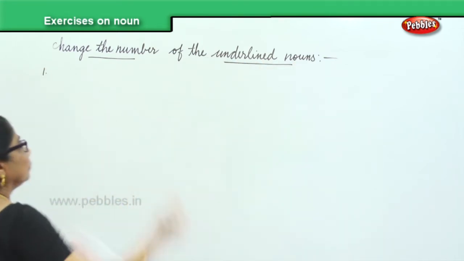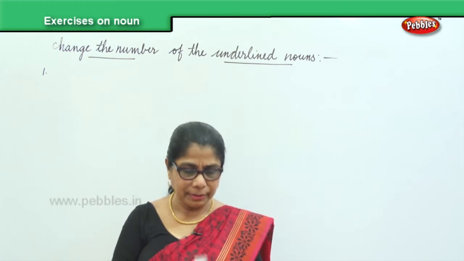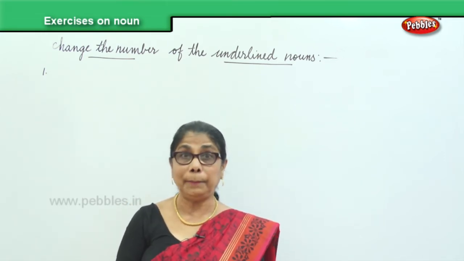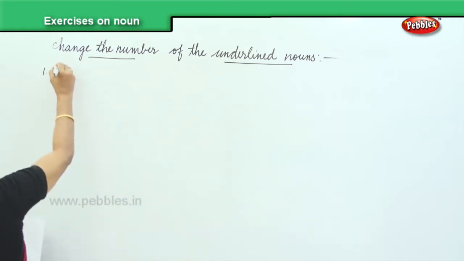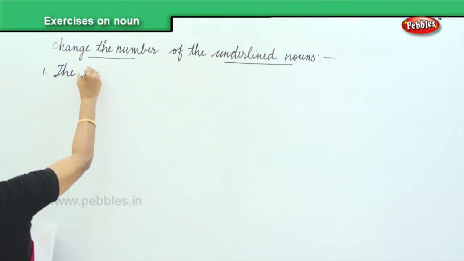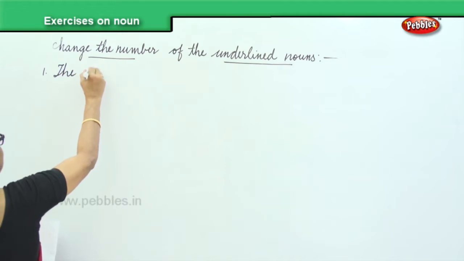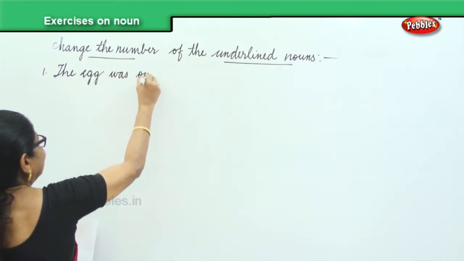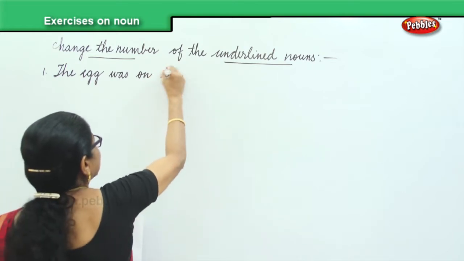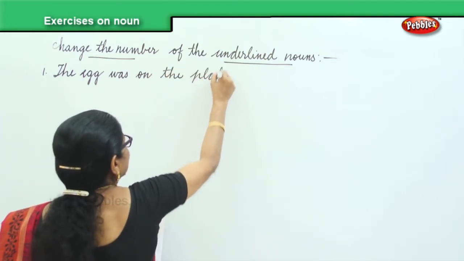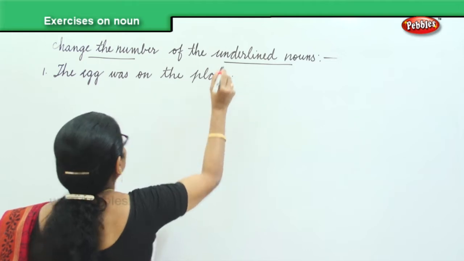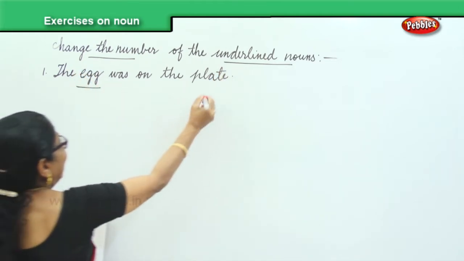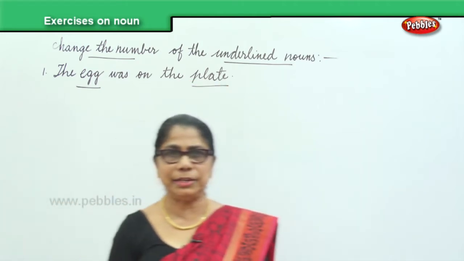Now, the first sentence I have here is, the egg was on the plate. Egg and plate we are going to change.